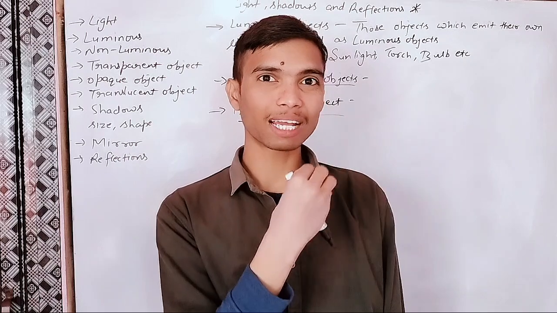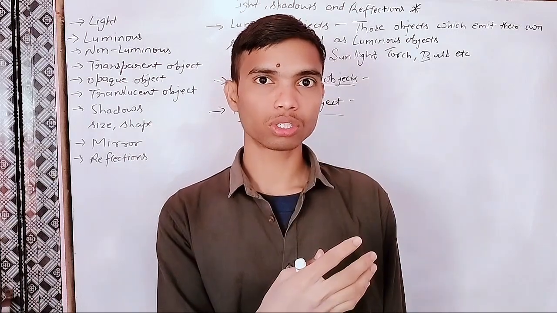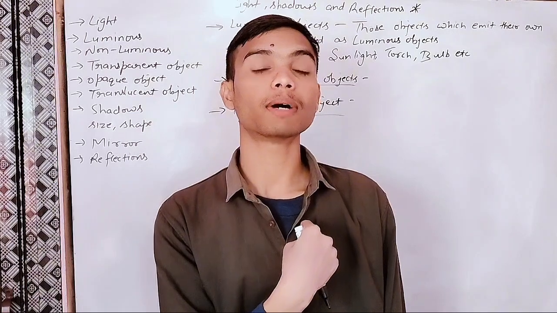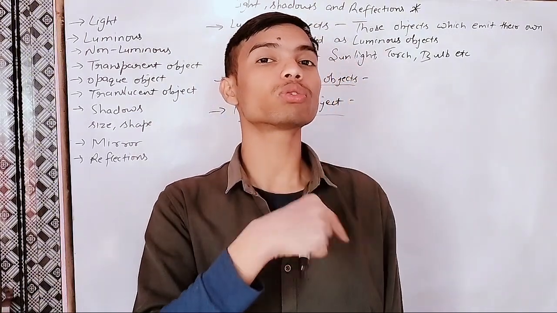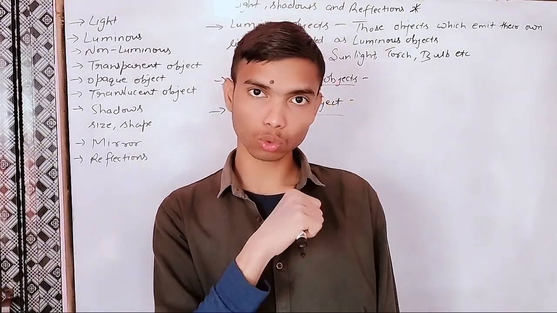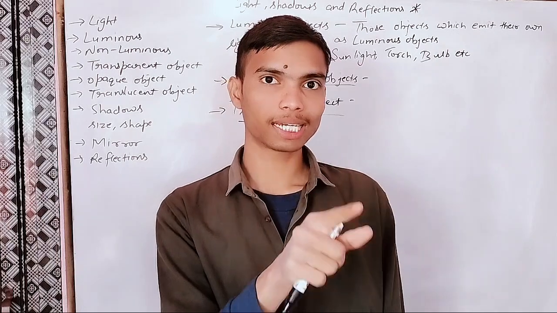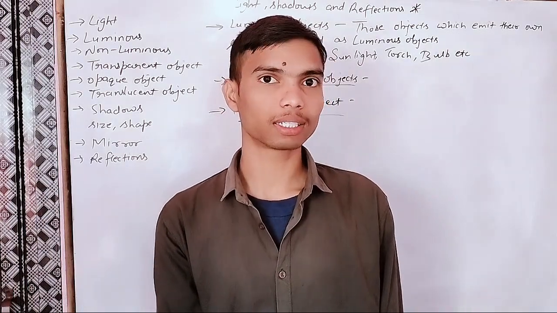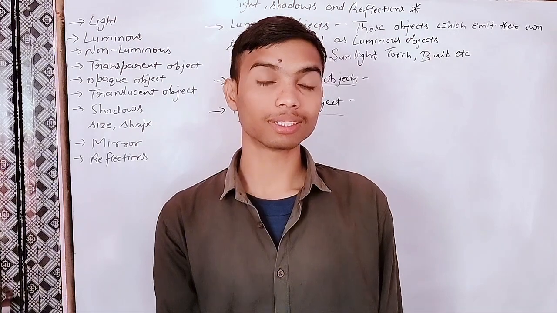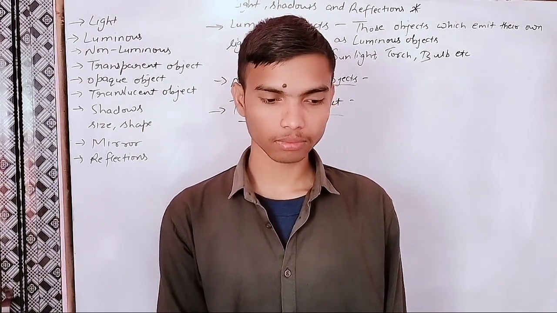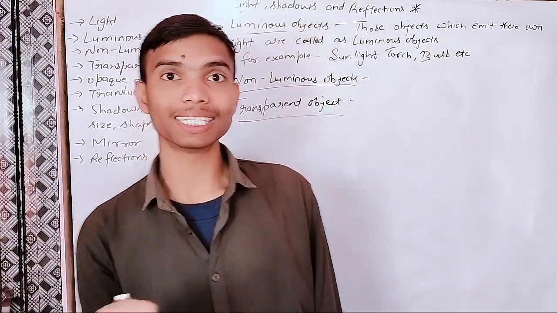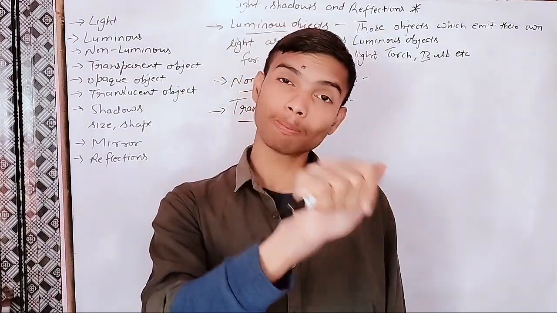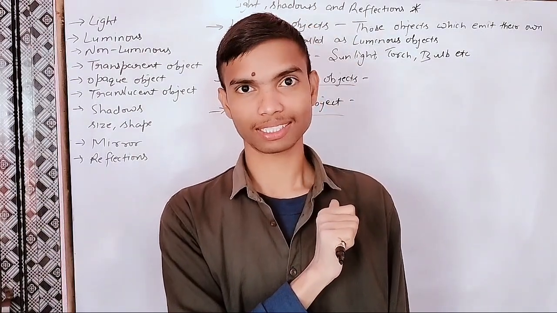So it is a description. This is a process to prove that you are a transparent object because the light is crossing through you. That's why light is not being blocked by the object. Rather, light is passing through the object.